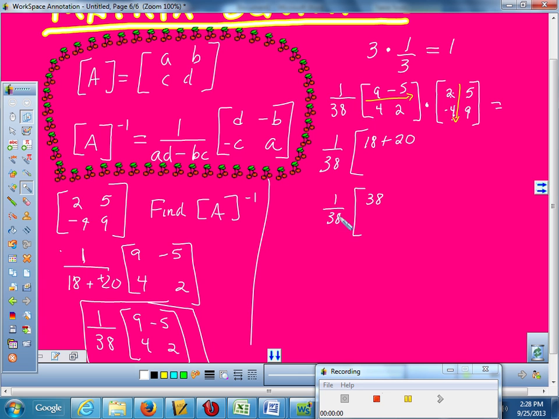So, okay, take the top row times the second column. 9 times 5 is 45, plus -5 times 9. And so what do you get when you add those together? 45 plus -45 is 0.